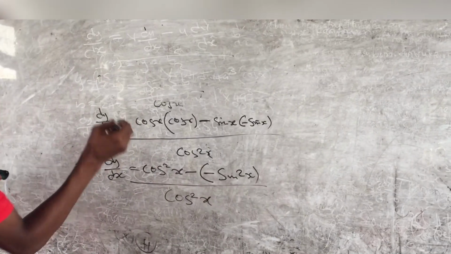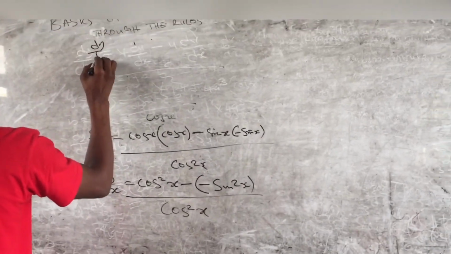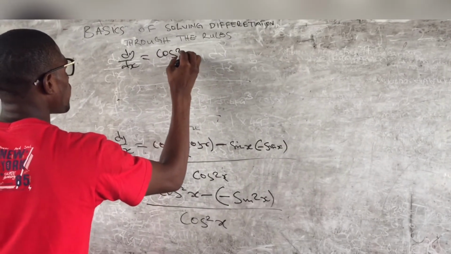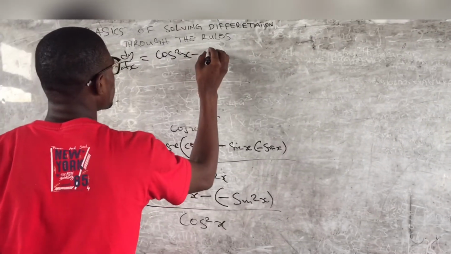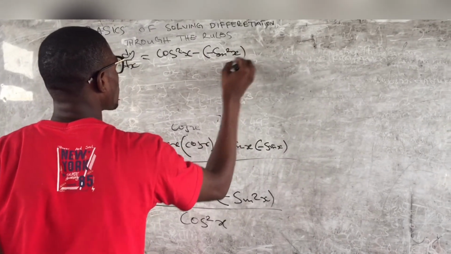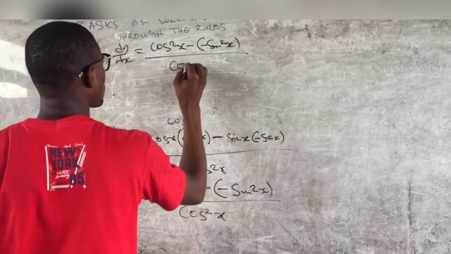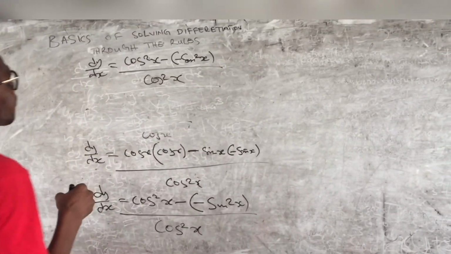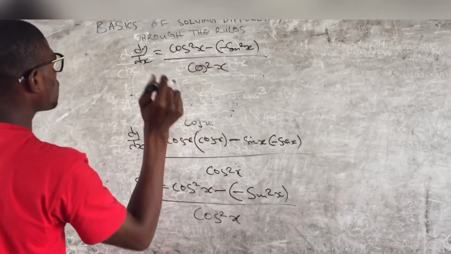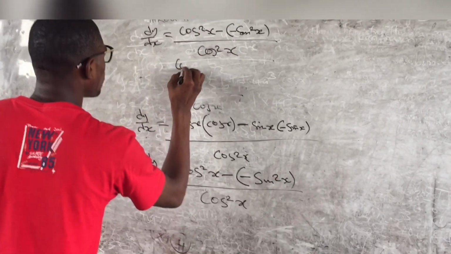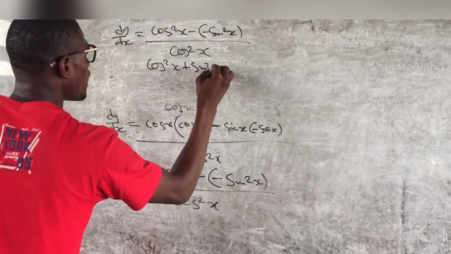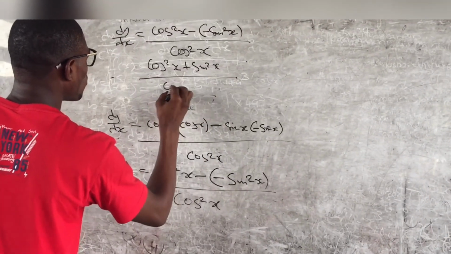Let me bring this upward. I have dy over dx equals cos squared x minus open bracket minus sine squared x, all over cos squared x. If I multiply minus 1 times minus 1 to give a positive sign, I have cos squared x plus sine squared x all over cos squared x.